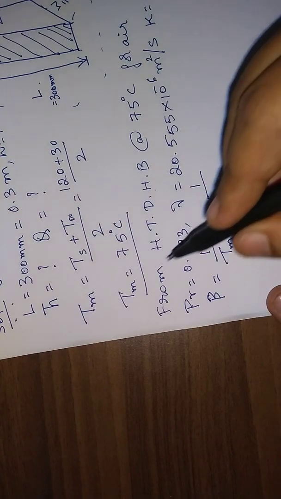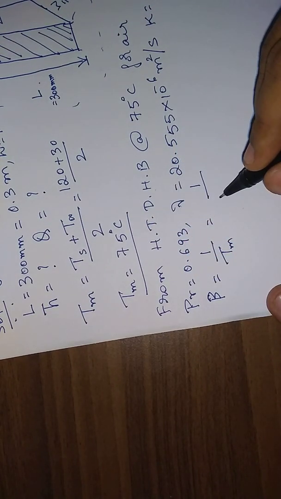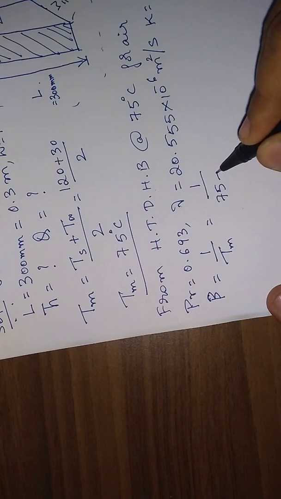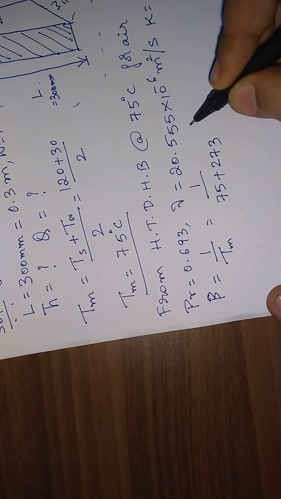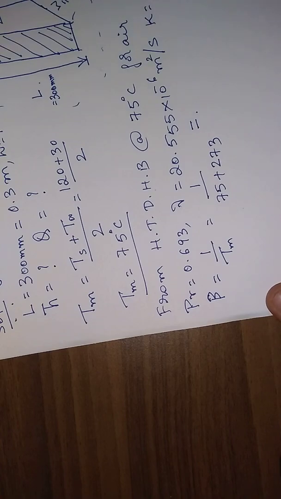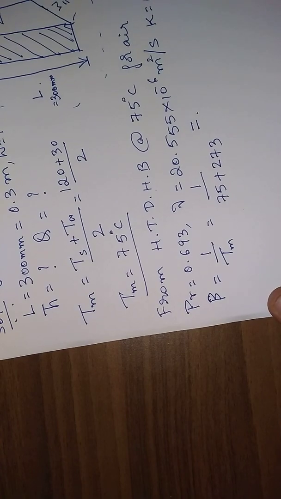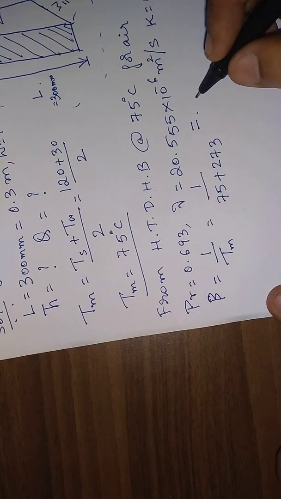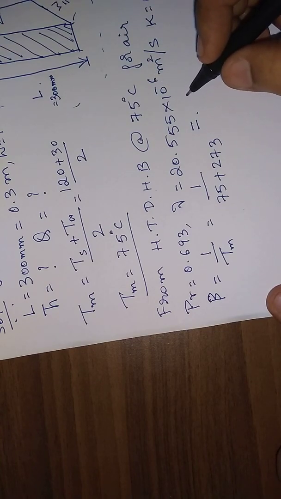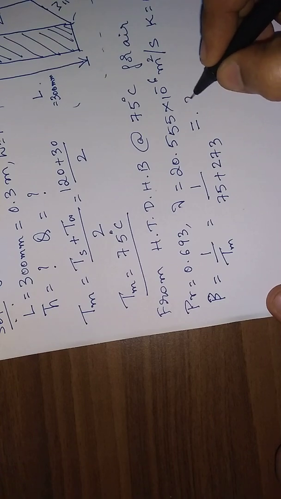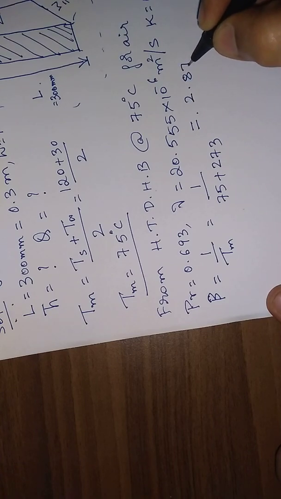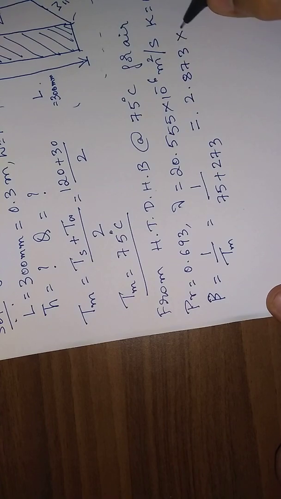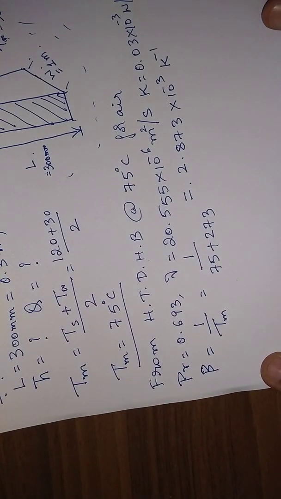So what we need to do is 1 divided by, so our Tm is found out to be 75, so 75 plus 273. When you calculate this, it is coming out to be around 2.873 into 10 to the power of minus 3 per Kelvin, or Kelvin to the power of minus 1.